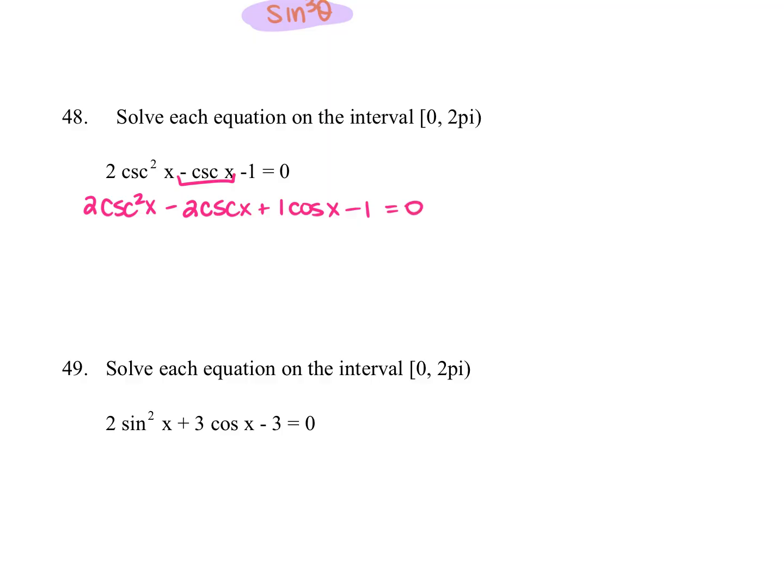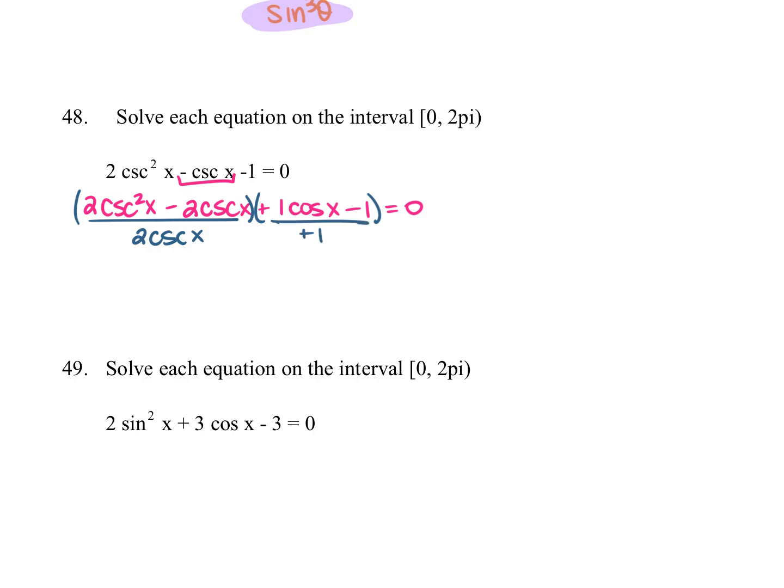So we're going to group these together. First two terms, last two terms, factor out the greatest common factor from both. So from the first two, we're going to have 2 cosecant x. From the last two, it's just going to be a 1.